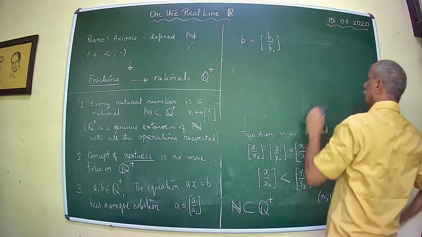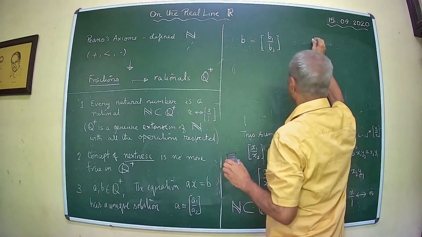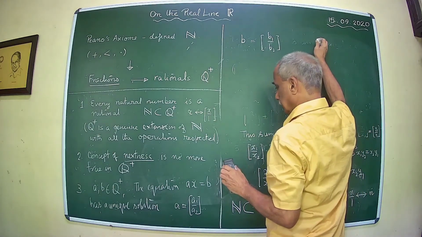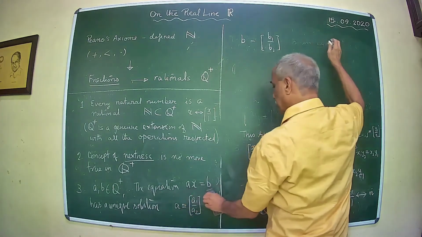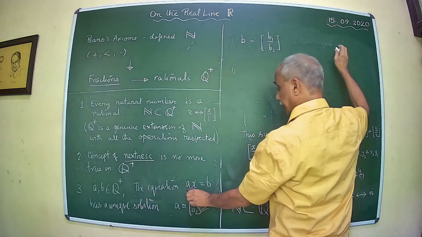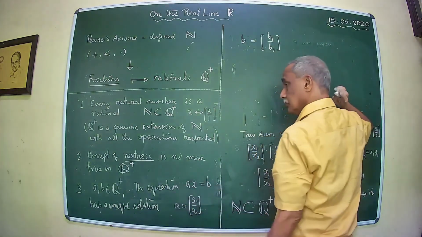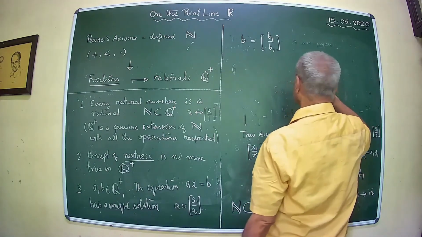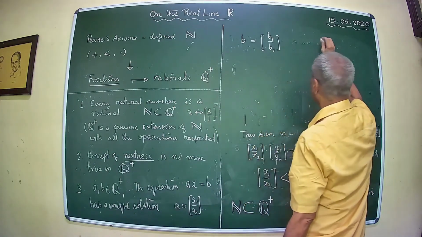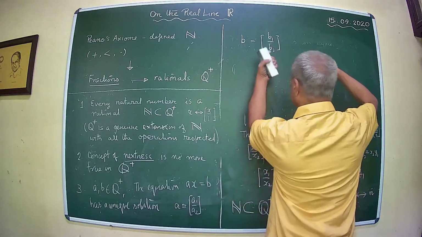Now the question that you are asking is this. See, ax equal to b, does it have a solution? Can you find an x such that ax is equal to b? So for fractions, these are the representative fractions.